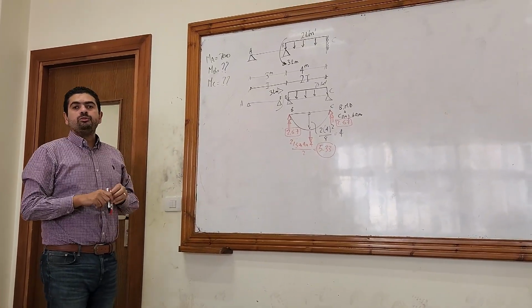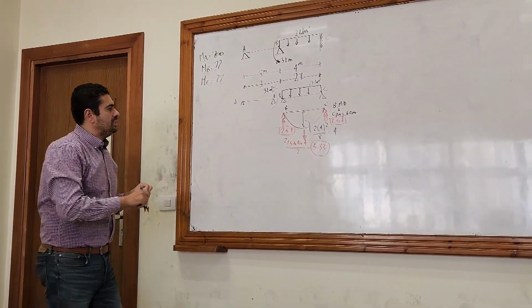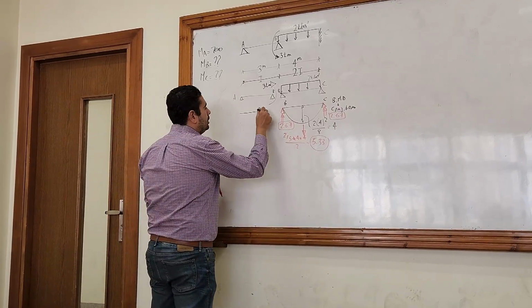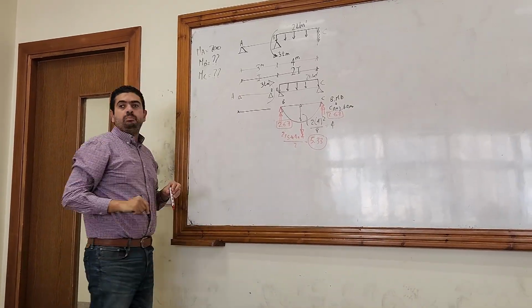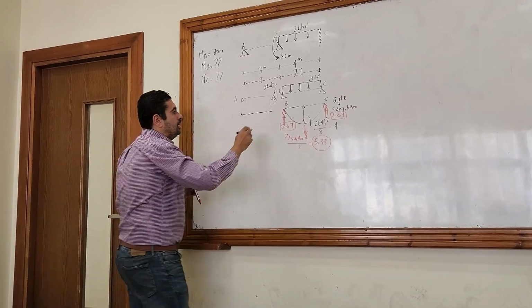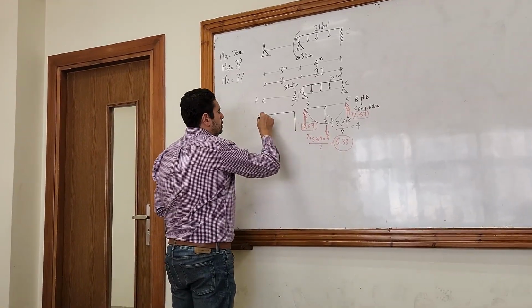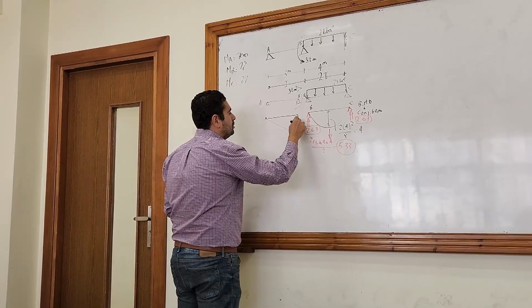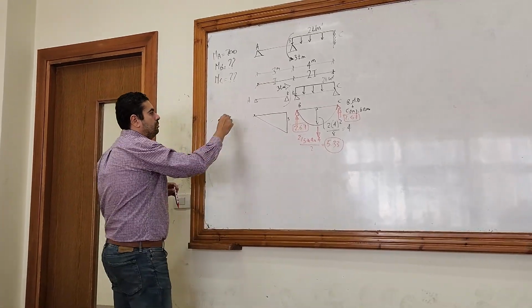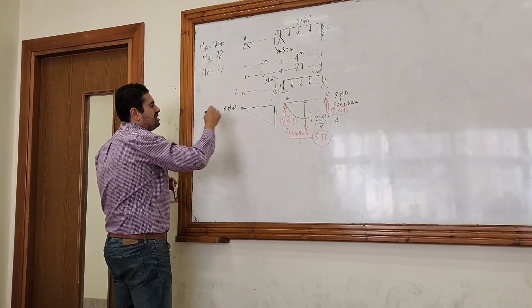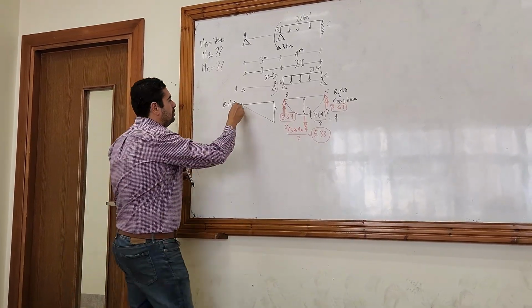What will be the bending moment diagram for the span AB? It's so easy. The moment at A is 0, and the moment at B is 3. So this will be the bending moment diagram for the span AB. Put it on the conjugate beam.